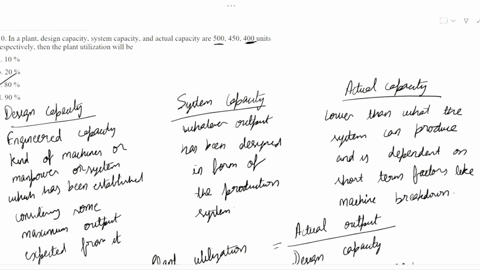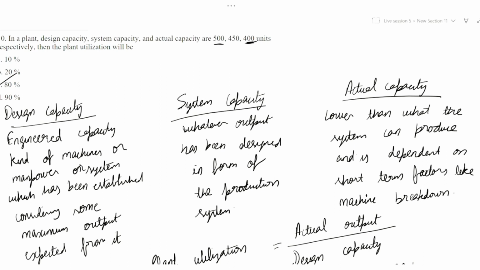So design capacity means engineered capacity, like machines or manpower or system which has been established considering the maximum output expected from it. That is why it is 500, and the actual capacity is always lower than what the system can produce and is dependent on short term factors like machine breakdown. So that is why it is the least, that is 400.